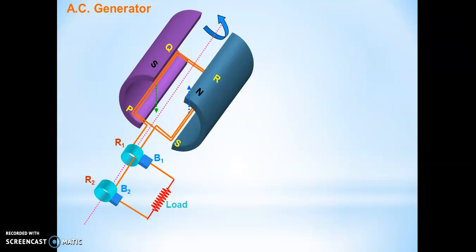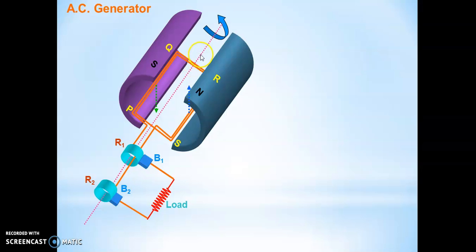Dear students, you know that we have already told you in class 11th as well. There are four forces acting. Firstly, a force will act here. In between P and S, at the midpoint where the axis crosses, a force will be acting downwards, and here a force will be acting upwards.